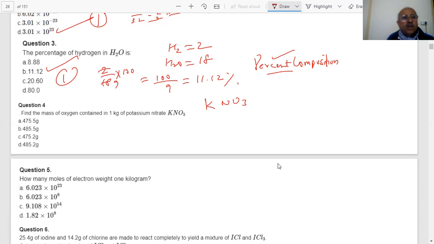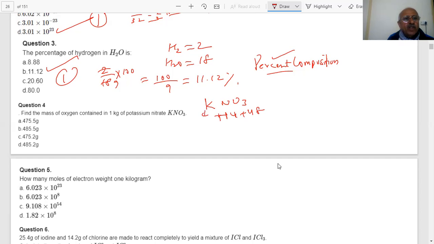Sir, B part is the correct answer. How many moles are there? Nitrogen 14, so 48. What is the potassium atomic mass? 40 or 39? The atomic mass of potassium we have to add.